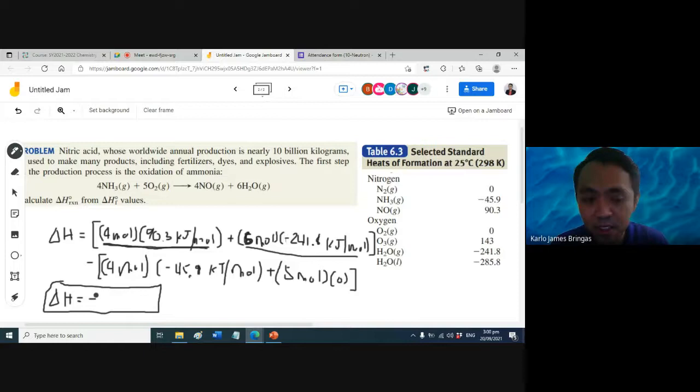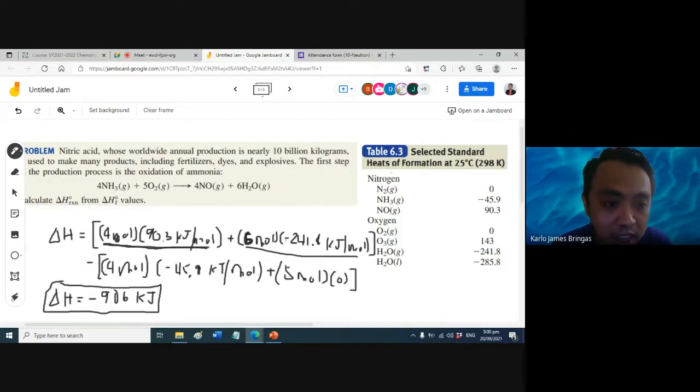Okay, Vince also has the same answer. Same with Ivan. So in here, the final answer is negative 906 kilojoule per mole. Kilojoule lang rather, sorry.